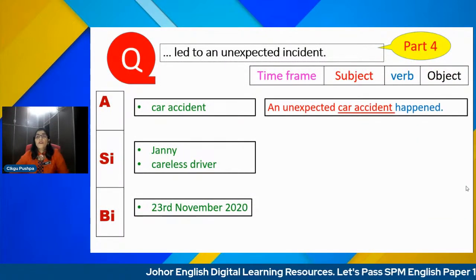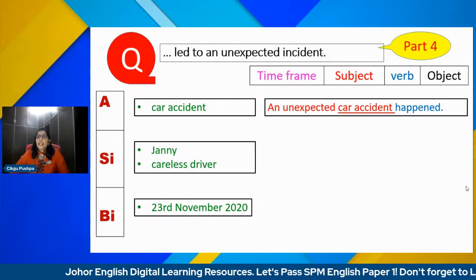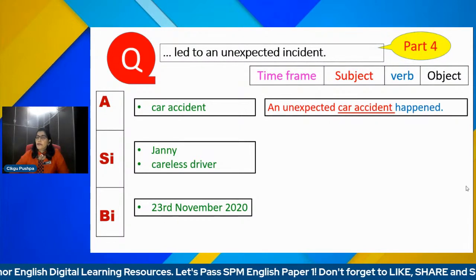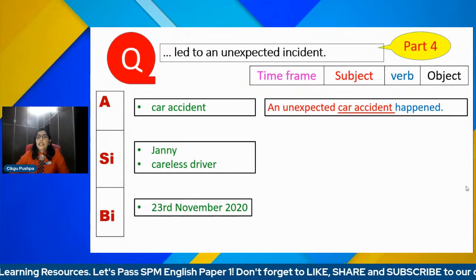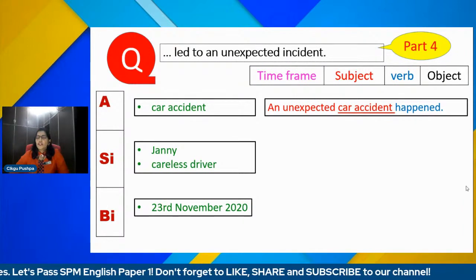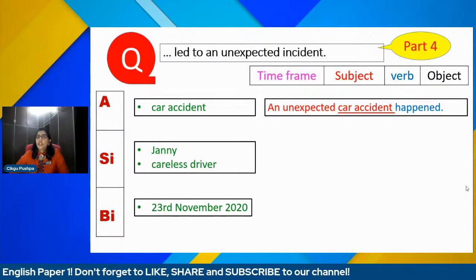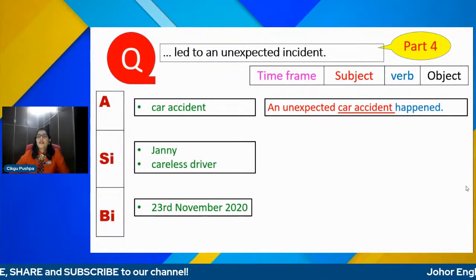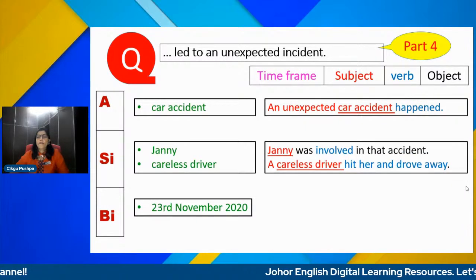here comes your sentences. Now, an unexpected car accident happened. Remember, the word unexpected is found in the question. So try to use this kind of word so that you are indirectly telling the reader or the examiner that you are answering parts of the question. Be smart, guys. All right, now the next one. Jenny was involved in that accident.